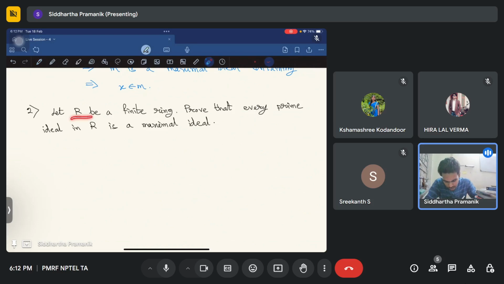So if a ring consists of only finitely many elements, then every prime ideal in that ring must be maximal.